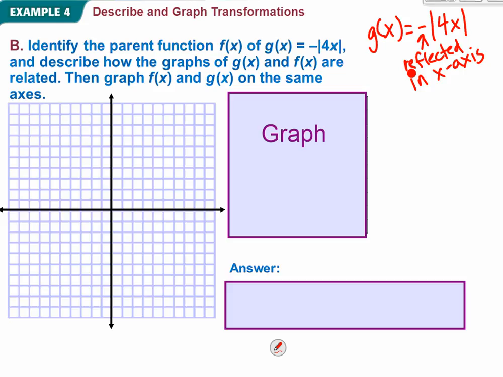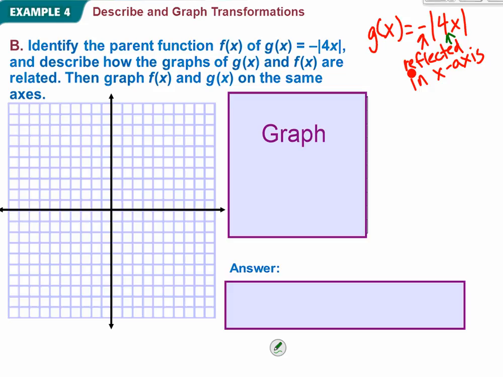Now, this 4, hopefully you agree that I'll get the exact same table of values if the 4 was out there or the 4 was in here. But because it's in here, I have to think of it as being vertically or horizontally. What do I have to consider it as? Since it's inside that absolute value, I have to consider it as horizontally. Horizontally when it's inside, vertically if it's outside. And then if this is a 4, is it stretched or compressed?